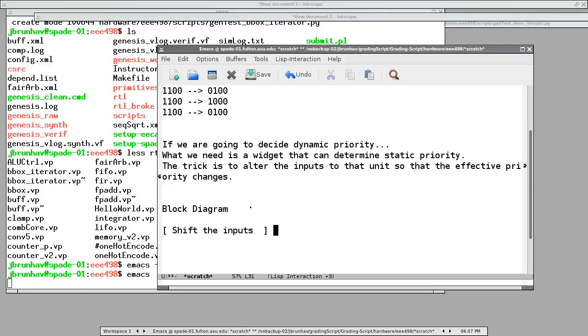So the idea is if I get an input 1100 and I would like the second position to win, I need to turn it into a 1001, where this bit 2 became bit 3 and then bit 3 became bit 0. Then we can priority encode. So do the static priority.